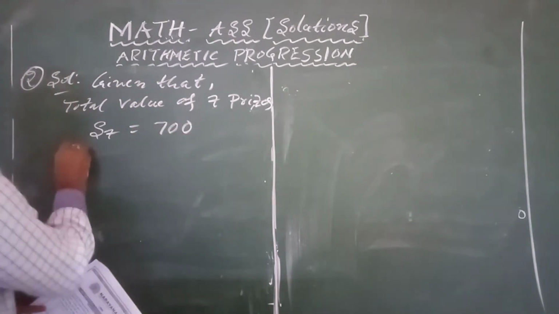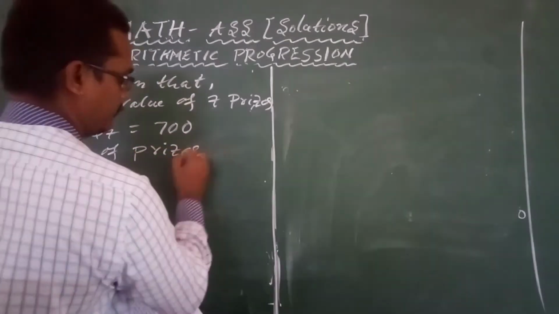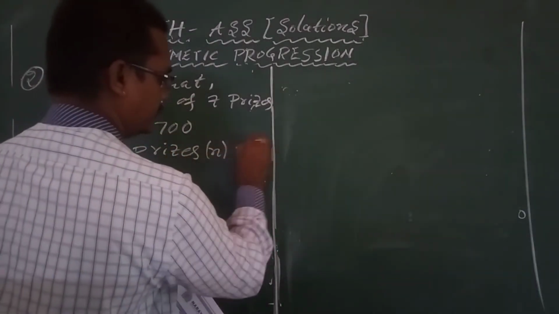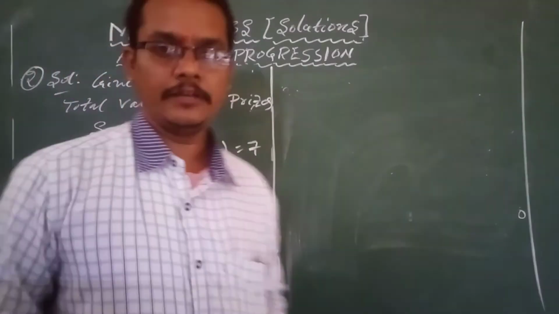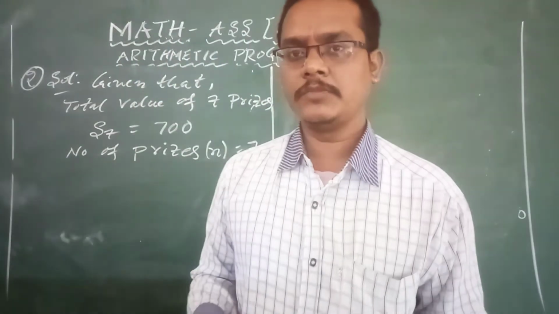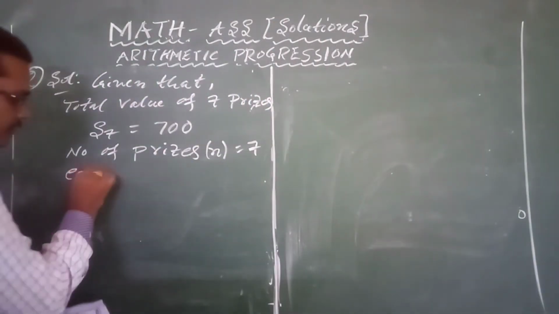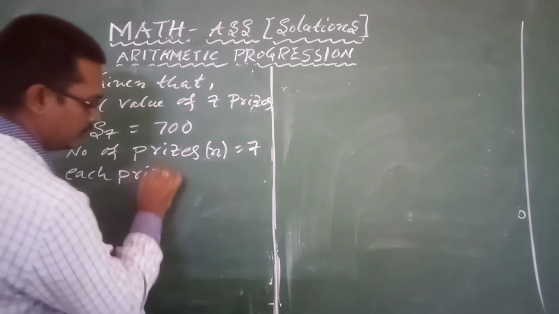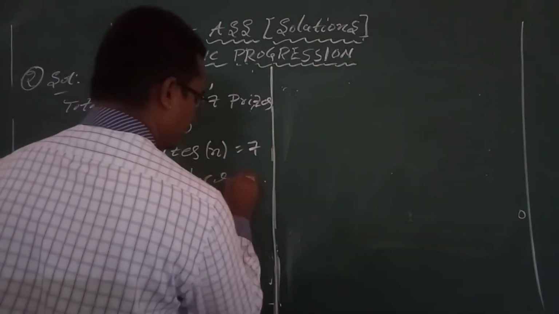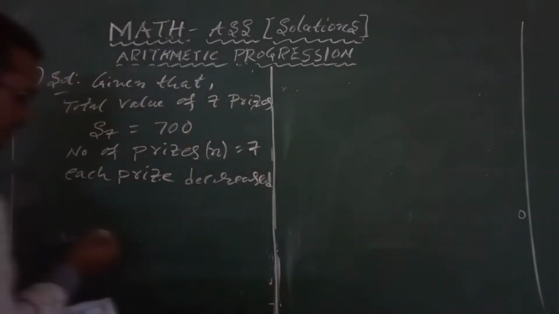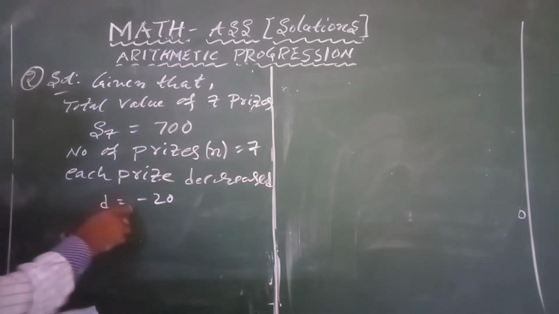The number of prizes is 7, so n is equal to 7. And each prize is decreasing by 20 rupees, which is represented by the common difference. d is equal to minus 20. Decreasing means you write it as negative.